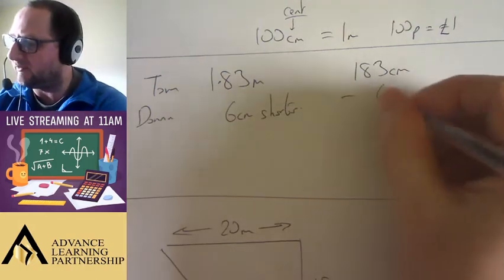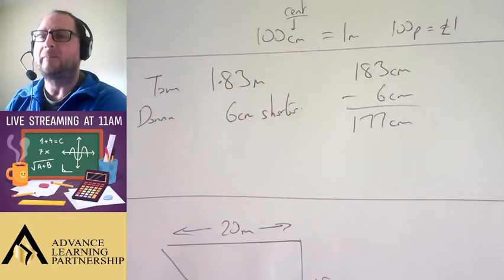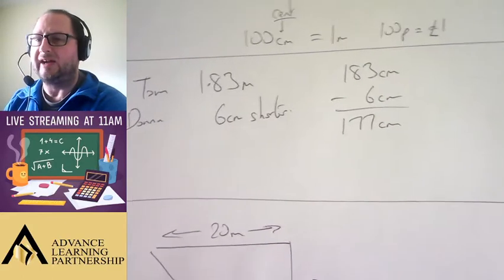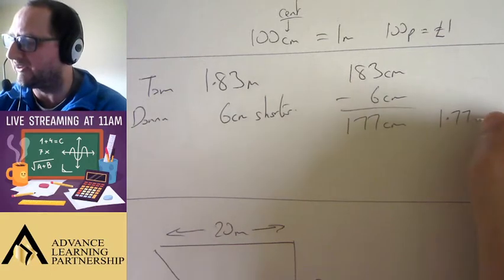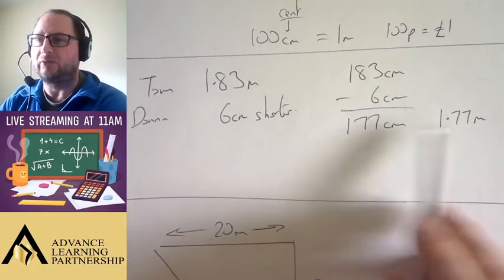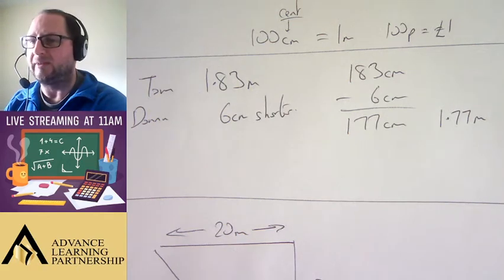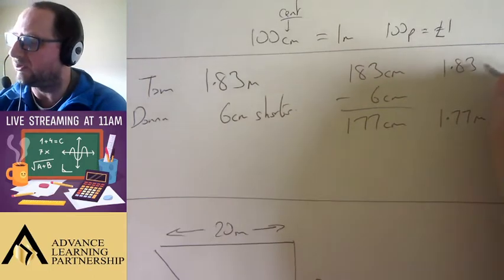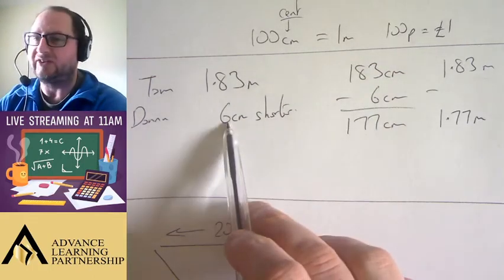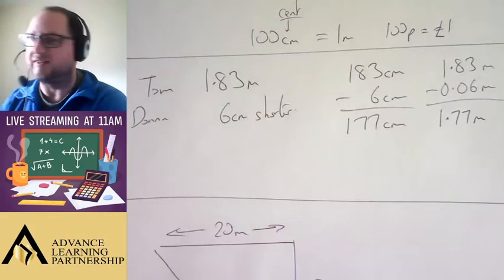I can now remove 6 to get 177 centimetres, but I'm asked for Donna's height in metres. So I need to convert that to metres, which would be 1.77 metres. Thinking about pounds and pence again, which work on 100, you can see what I'm saying with the centimetres and the metres. I could, of course, have used 1.83 metres and taken off 6 centimetres if I'd converted 6 centimetres into metres.